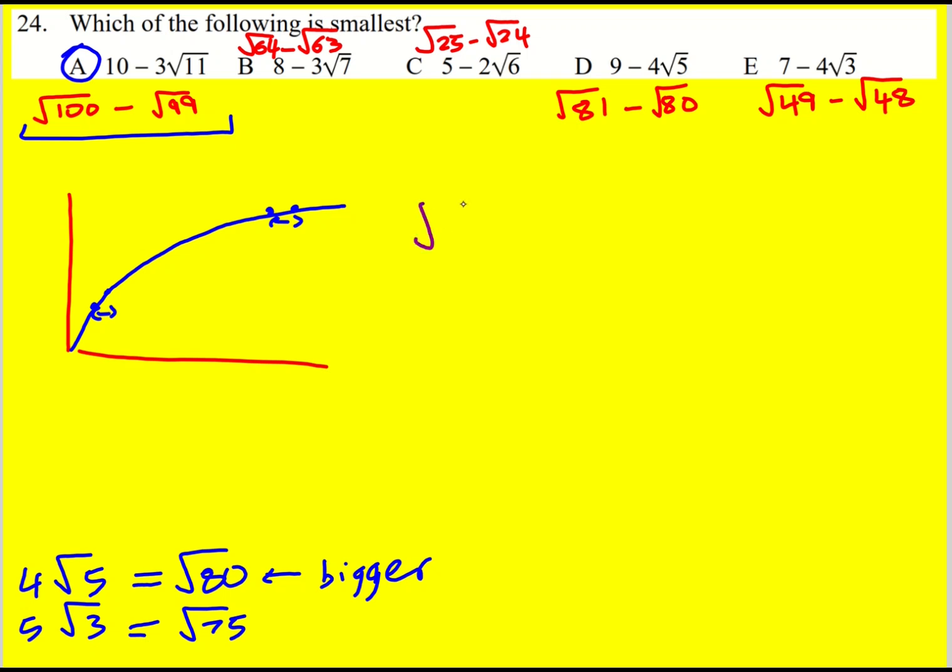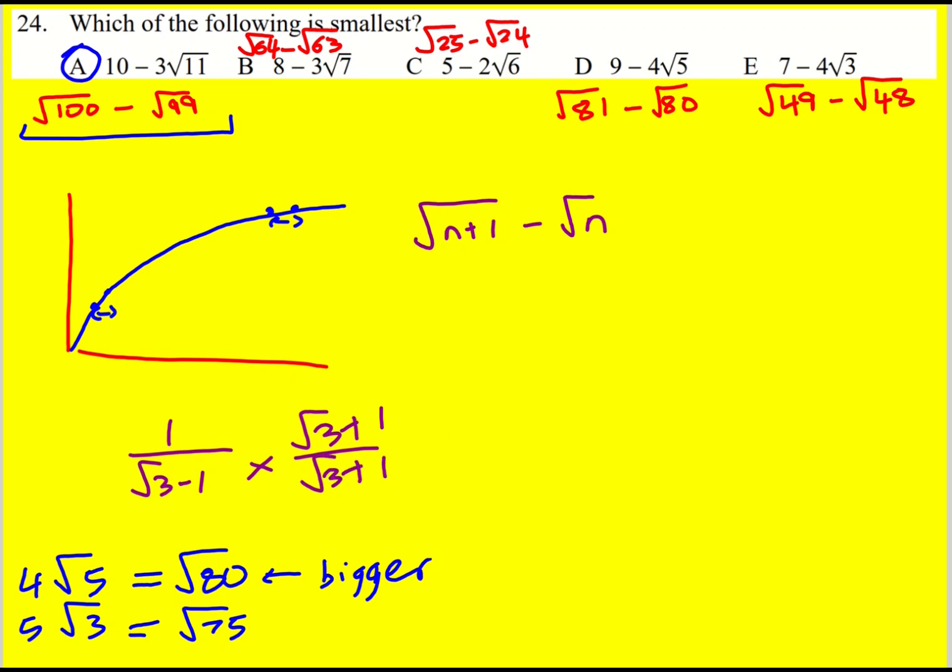Let's investigate root n plus 1 minus root n, because that is what all of these are in the form of. And how can we compare that? Now, when we rationalize the denominator, for example, root 3 minus root 1, we times by root 3 plus 1 over root 3 plus 1. And the reason we want to do that is because we want to get the surd out of the bottom. What we can do here is the opposite.